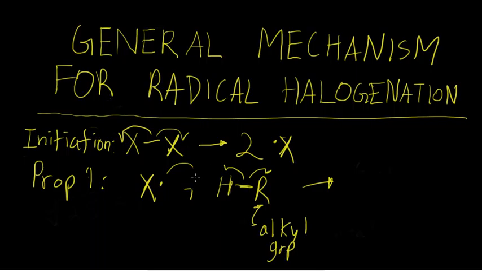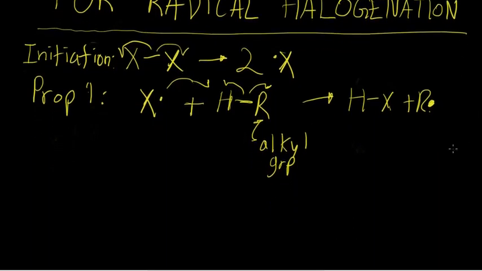Okay. So this halogen radical joins with the hydrogen. You get a hydrogen halide and an alkyl radical. Just draw that as an R with a dot.